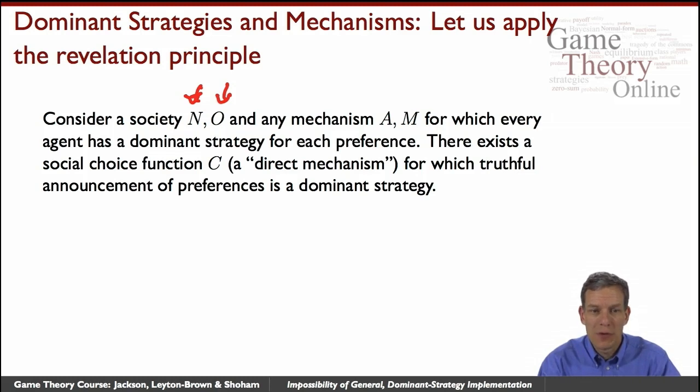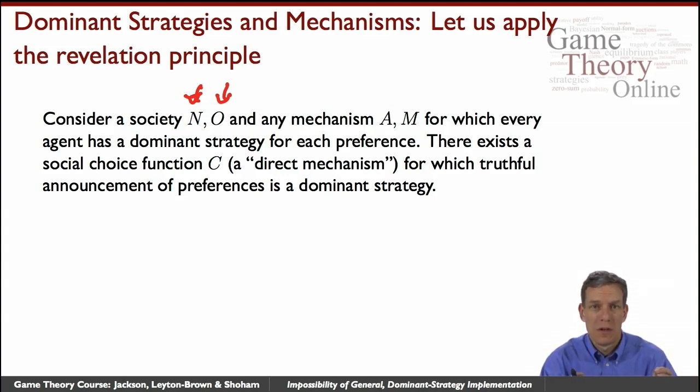The revelation principle tells us that if we do have an indirect mechanism that has dominant strategies, we can just collapse that into a social choice function, a direct mechanism, where people just tell us directly their preferences, and then we give them the outcomes they would have gotten through the original mechanism for each announcement of their preferences. So if they'd followed the strategies that they had dominant strategies in the original one, this makes truth a dominant strategy.